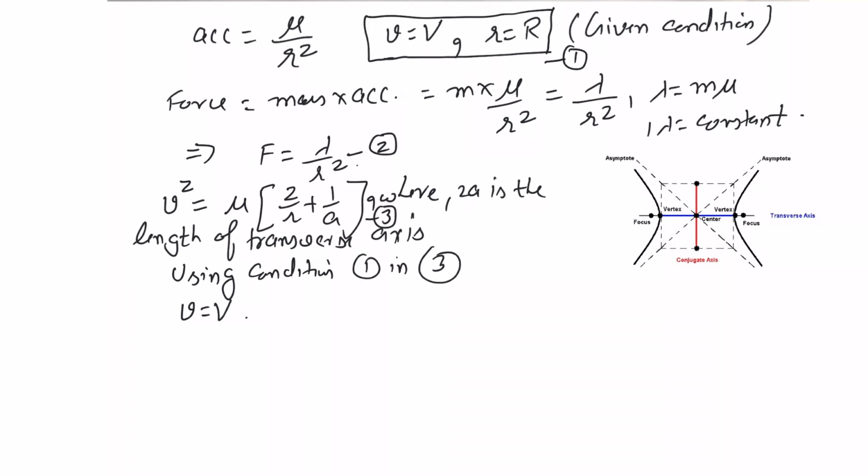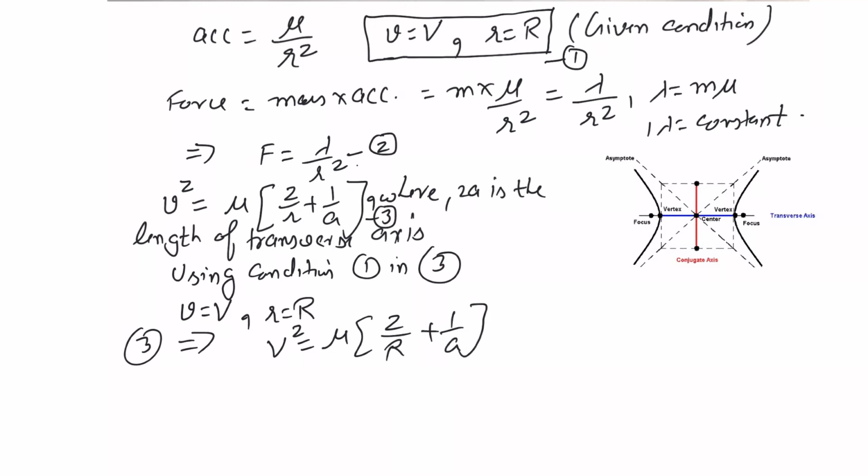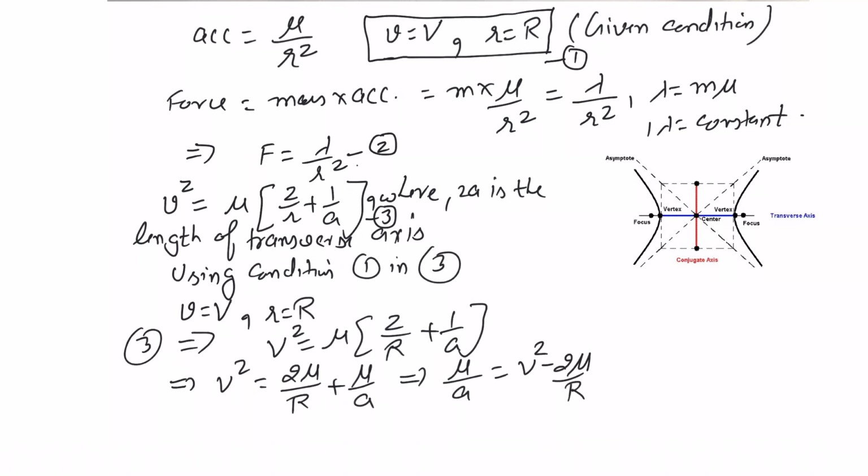V is equal to capital V when r is equal to R. So 3 implies capital V square is equal to mu times 2 by R plus 1 by a. This implies that V square is equal to 2 mu by R plus mu by a. This implies that mu by a is equal to V square minus 2 mu by R. I am going to name this equation as equation number 4.